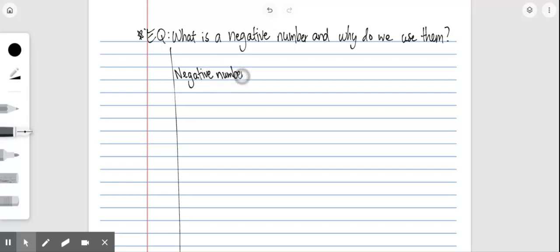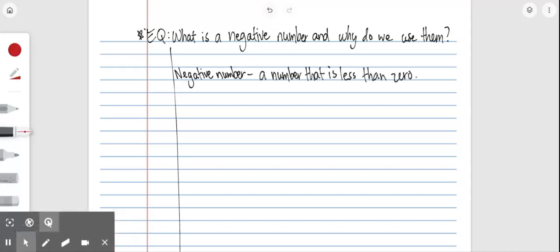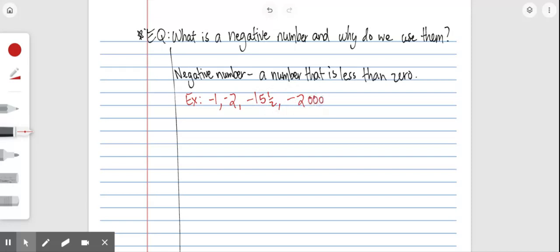So a negative number is a number that is less than 0. Okay, some examples of negative numbers are things like -1, -2, -15.5, -2 billion, and so on.